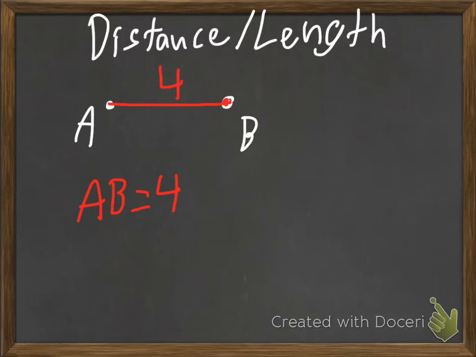But a distance can also be estimated. You can say that looks 4 miles away. That looks 20 yards away. With length, it has to be exact. We have to say the length of AB equals 4. We can't say the length maybe 4. So distance can be exact or estimated. Length has to be exact.